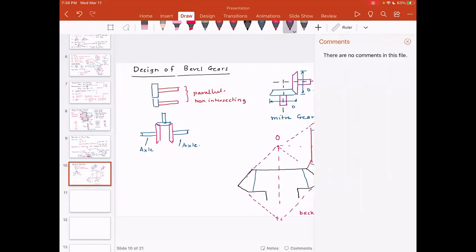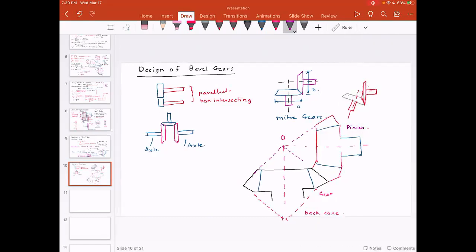There is something called the gear angle. I'm going to call this angle theta G, and this angle theta P. So theta P plus theta G is equal to 90 degrees in this case.